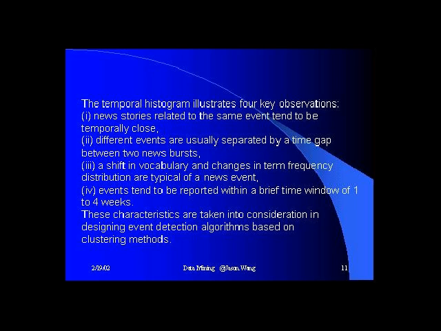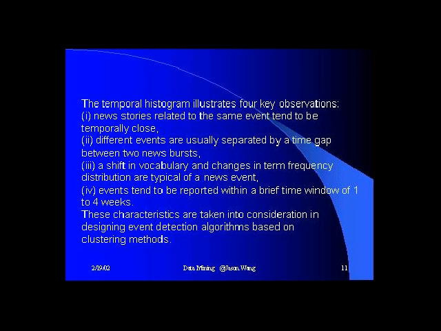Fourth, events tend to be reported within a brief time window of 1 to 4 weeks. So now you have this notion of a window. These characteristics are taken into consideration when we design event detection algorithms.